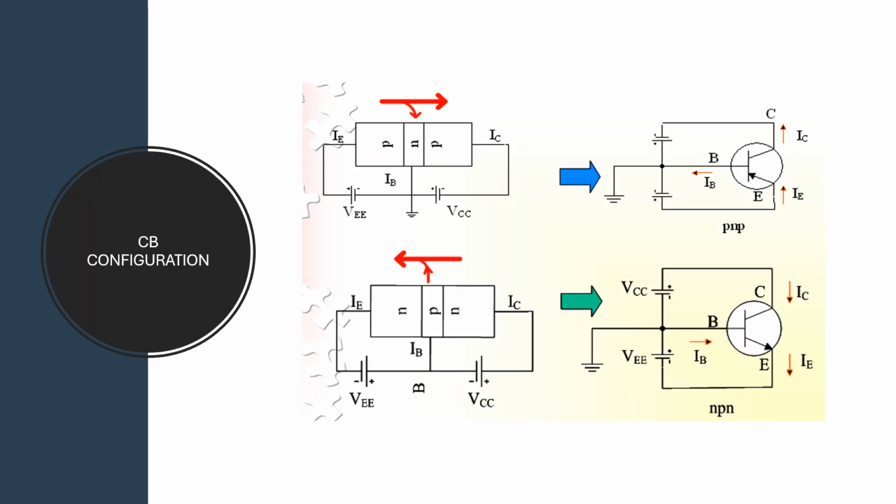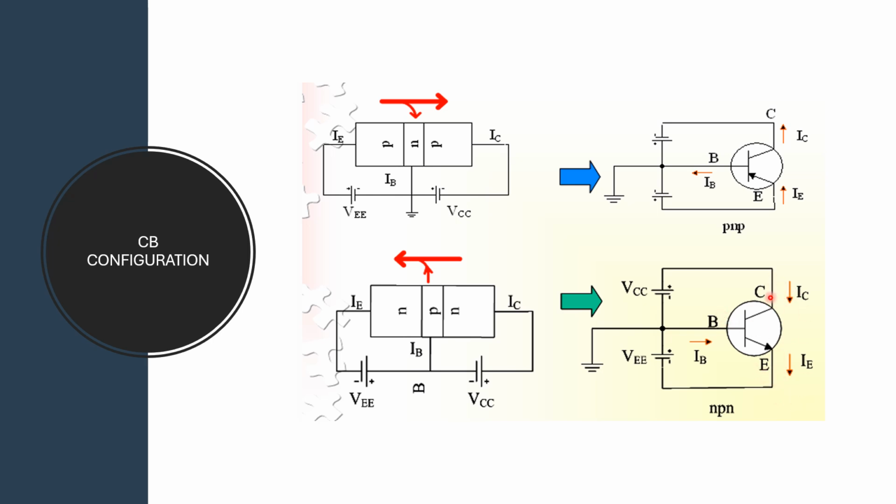See here, this is the current direction, showing how common base, common emitter and common collector are connected. Take an NPN transistor in common base: input is emitter and output is collector.